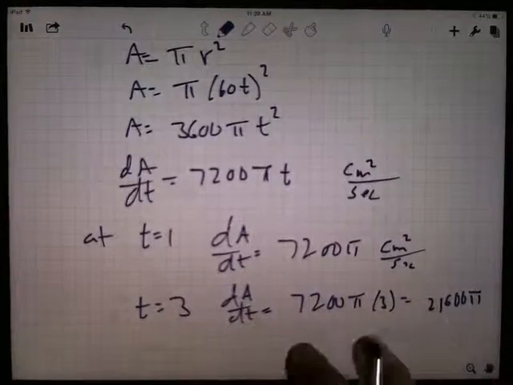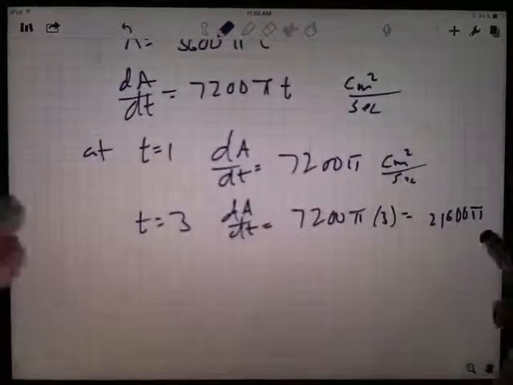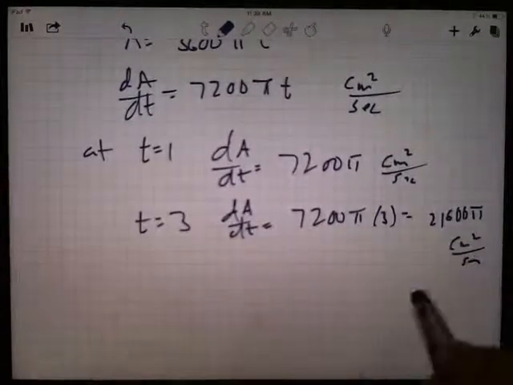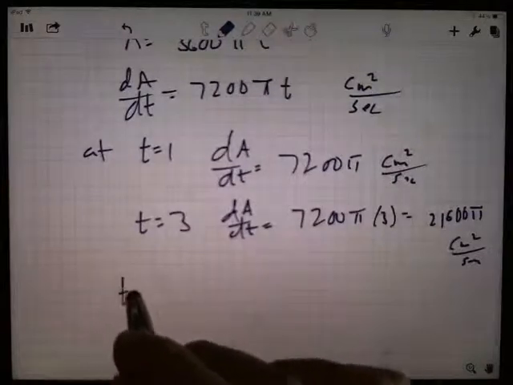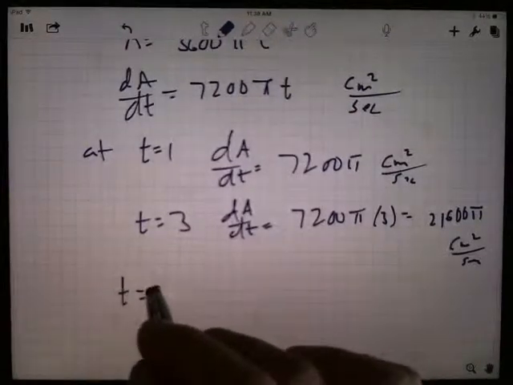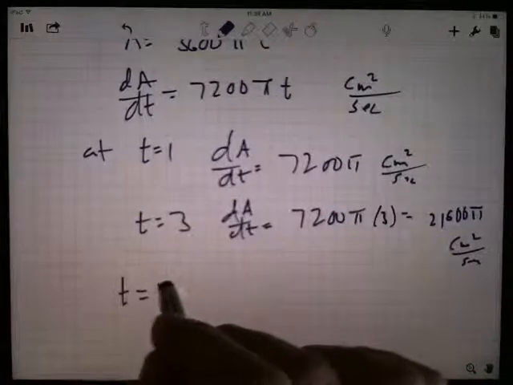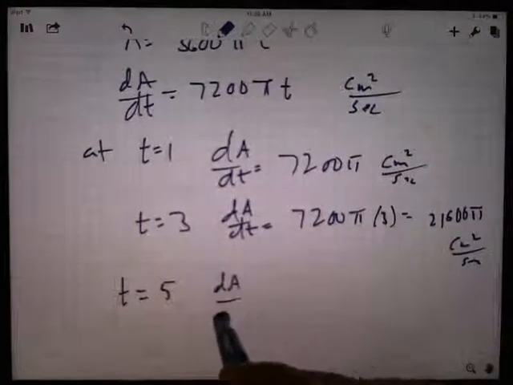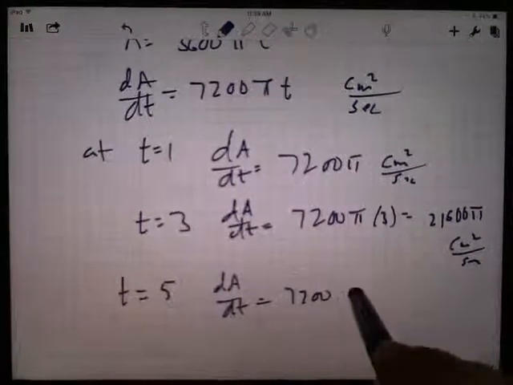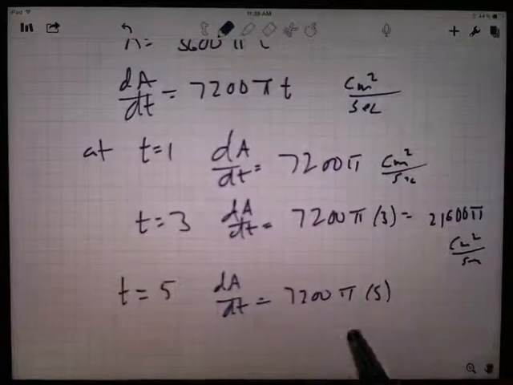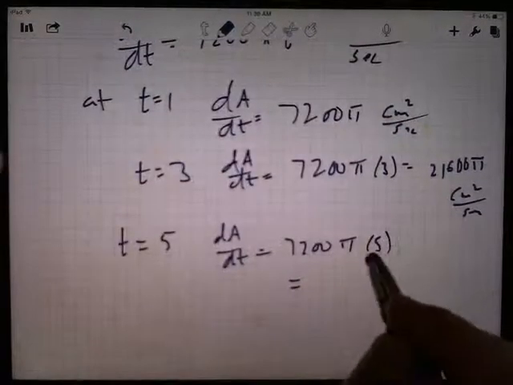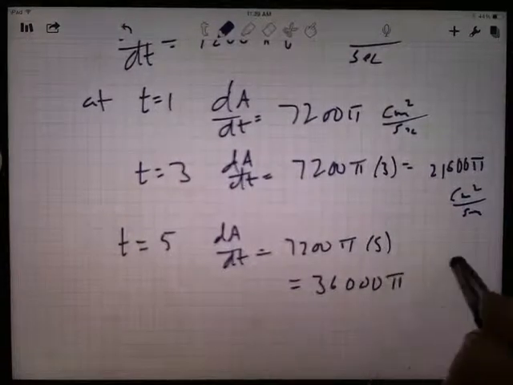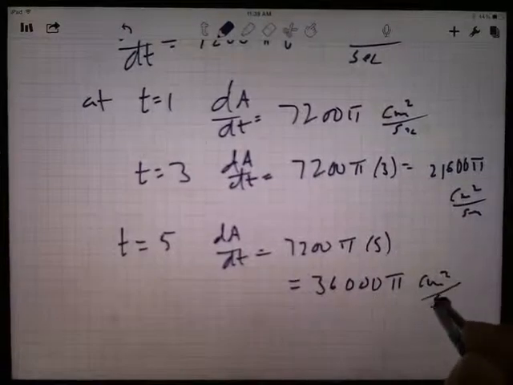At time 3, you're gaining 3 times as much. This is in square centimeters per second. And at time 5, you're gaining even more area per second. dA/dt is 7200 pi times 5, which is 36,000 pi square centimeters per second, right?